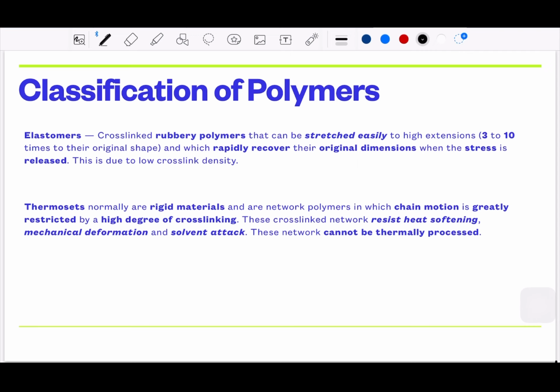Let me draw here. The more crosslinks you have, the more the polymers will be stuck, right? Not easy to move. So that's why typically thermosets will be a rigid material.